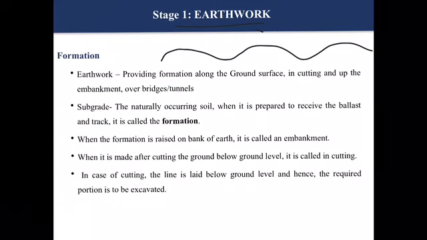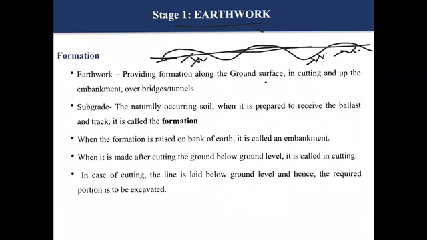So our first important work is to bring this ground to level. Bringing the ground to level is termed earthwork. The naturally occurring soil we call the subgrade, and this prepared level we call the formation.